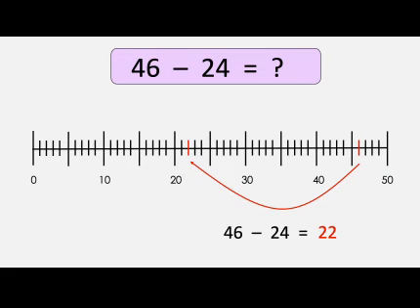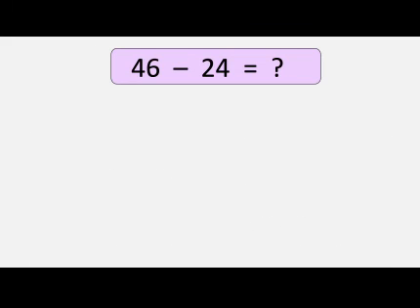Using a number line to show subtraction is easy when working with small numbers. When we work with larger numbers, we may have to use maths models and the standing up or column method, just as we learned in doing addition. In the above example, 46 minus 24, we can work out the problem using the column method. On your screen, you can see this.